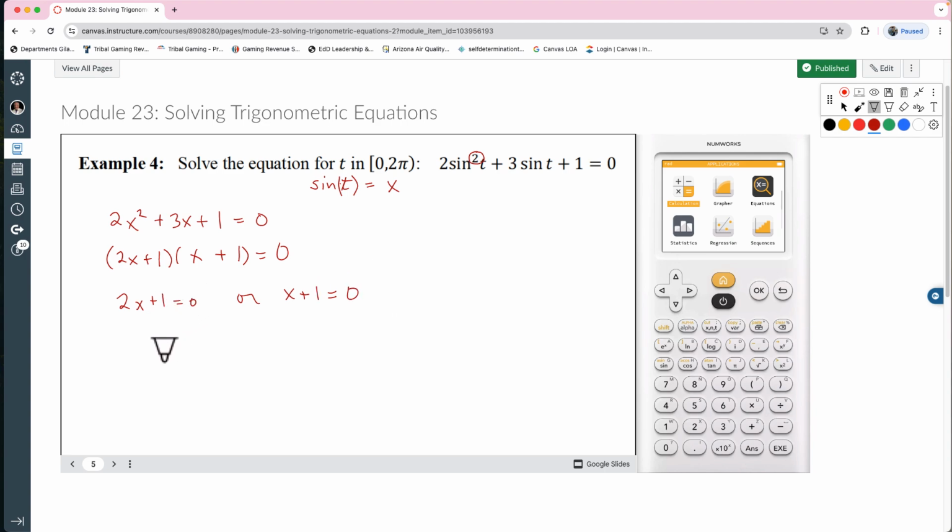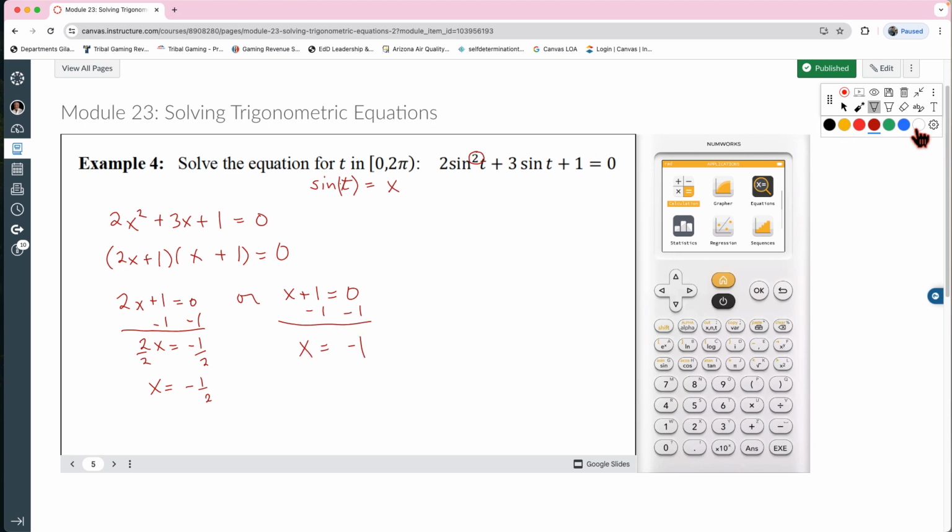We'll go ahead and solve for x first, because it's in a nice form. We'll subtract 1 from both sides, giving us 2x equals negative 1. We'll divide by 2, so we get x equals negative 1/2. We'll subtract 1 from both sides here, and we'll get x equals negative 1.